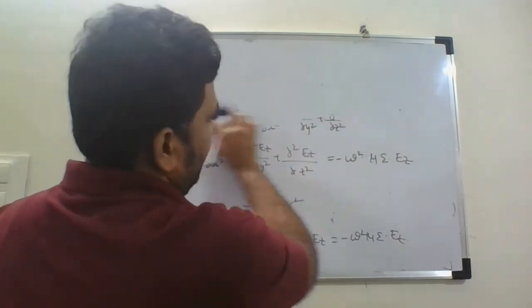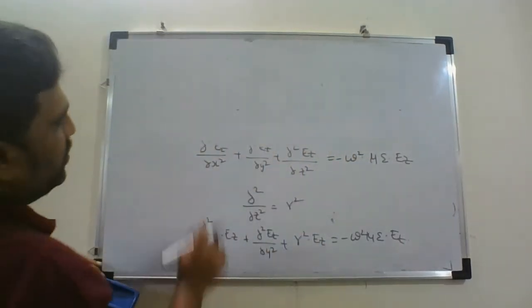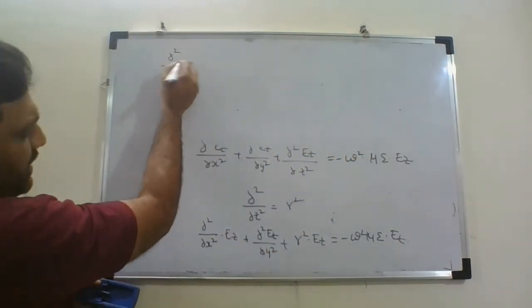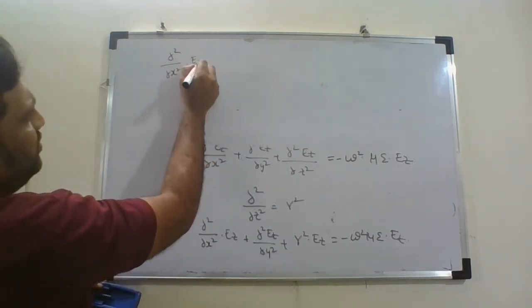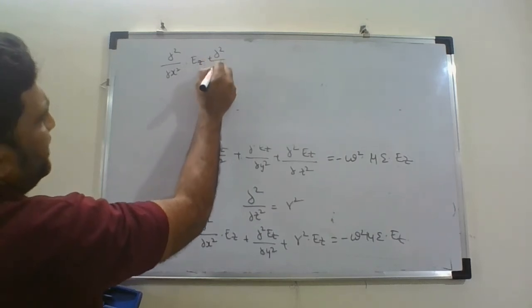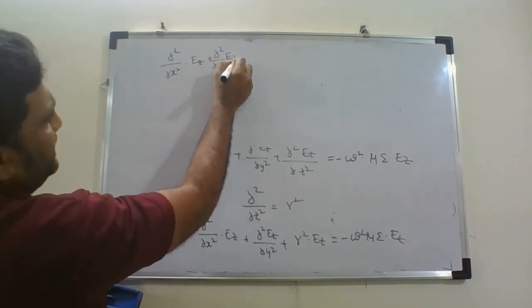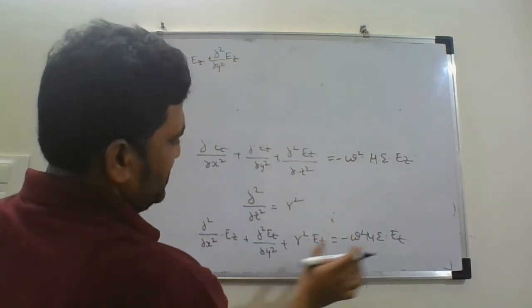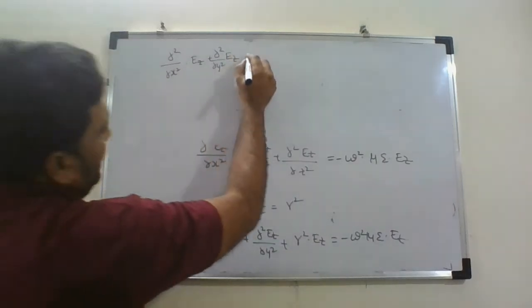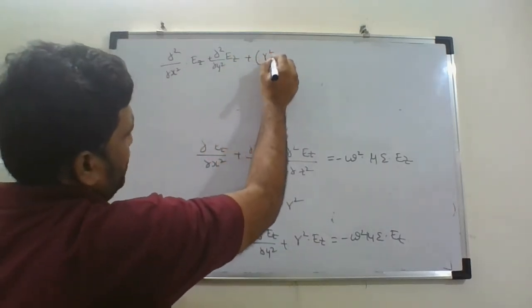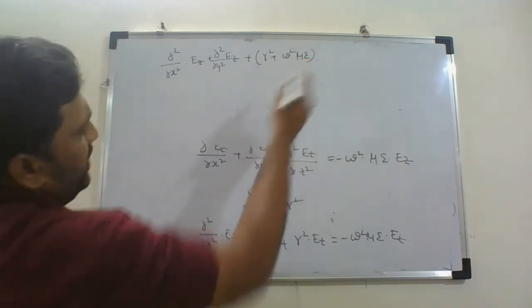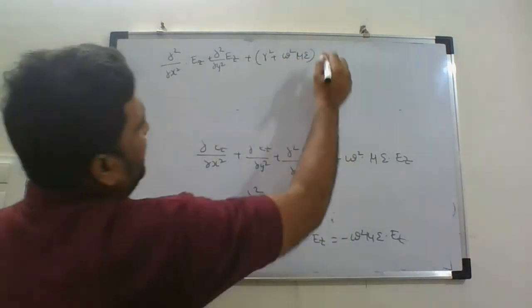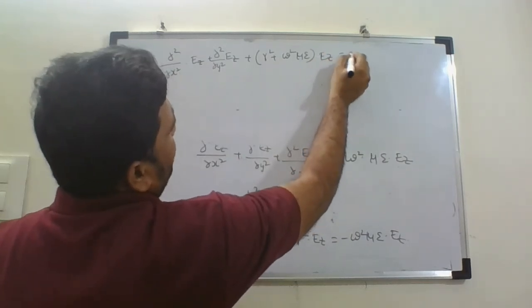Now from this, remaining ∂²/∂x² into Ez plus ∂²/∂y² into Ez, let us bring this term also here. So we get gamma square plus omega square mu epsilon into Ez is equal to 0.